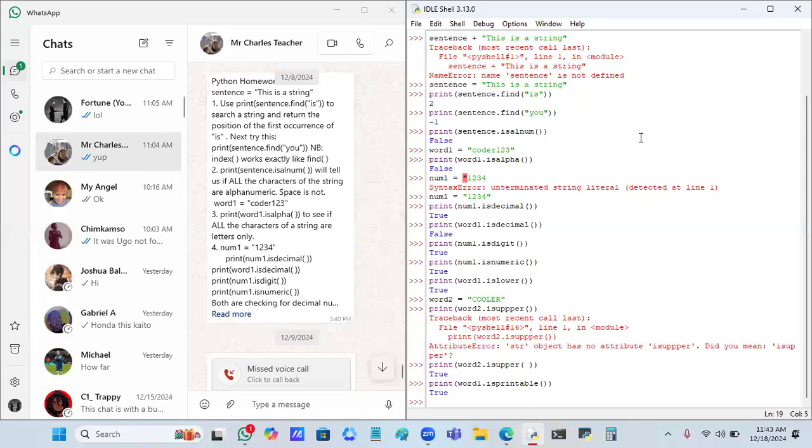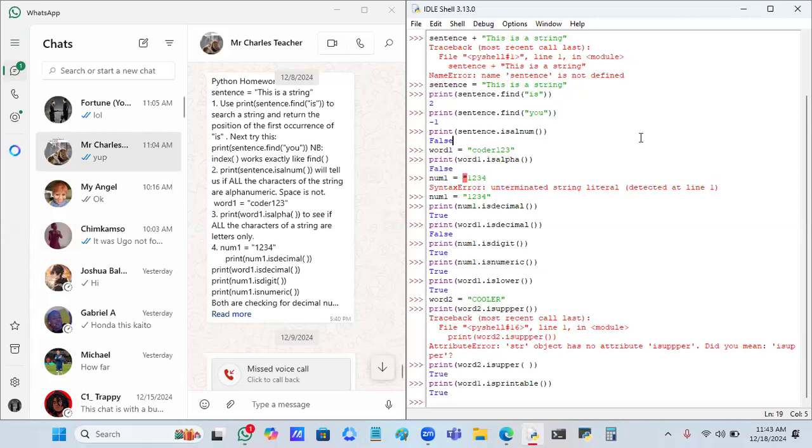Done. It returns true if all the characters in the string are alphabets. Okay, so do we move on? Yes.